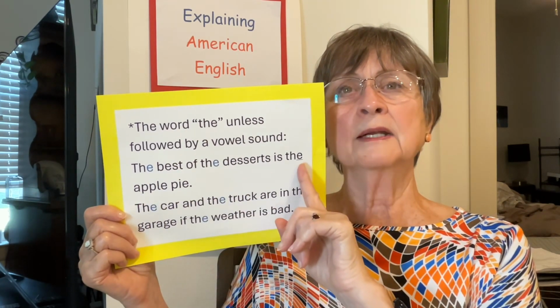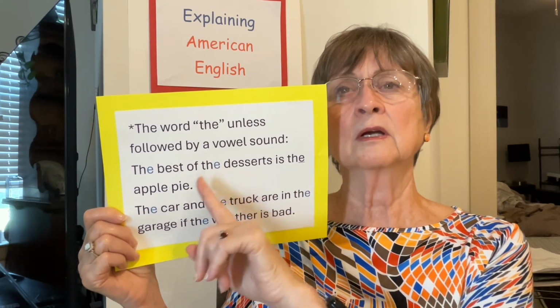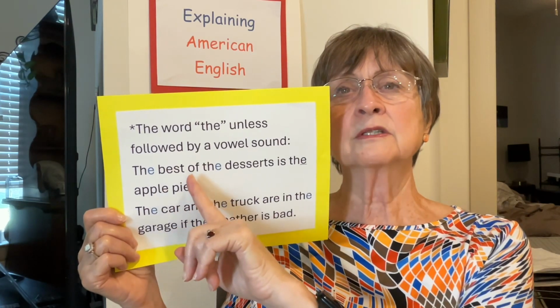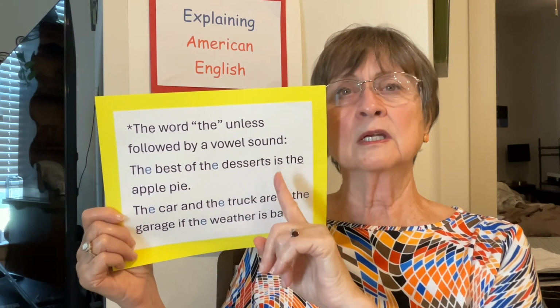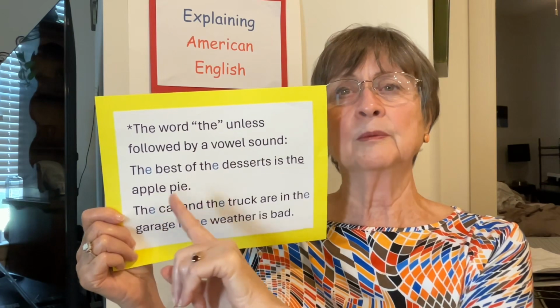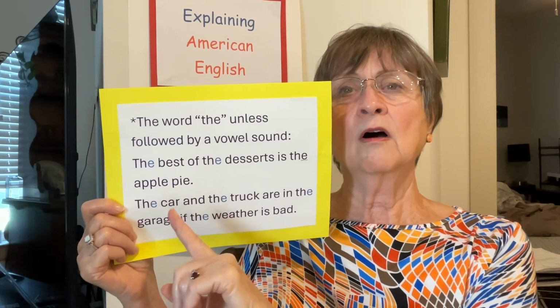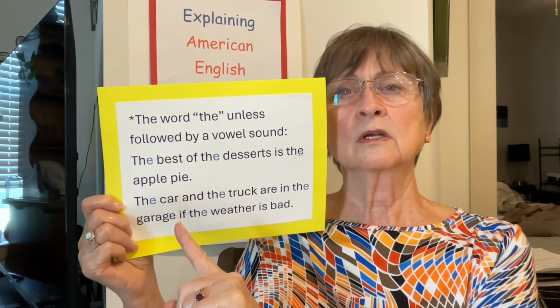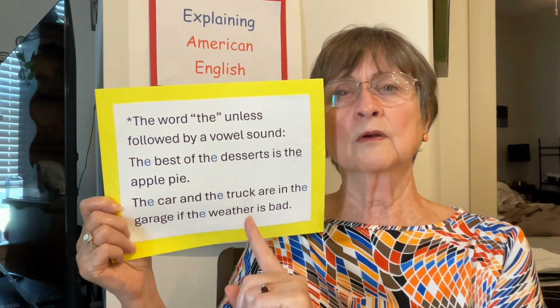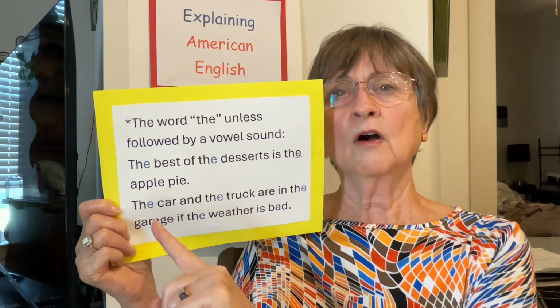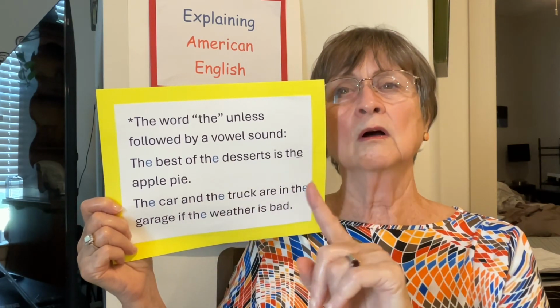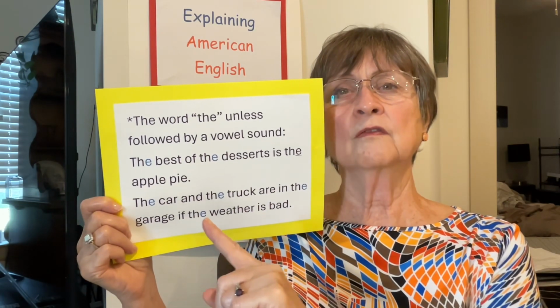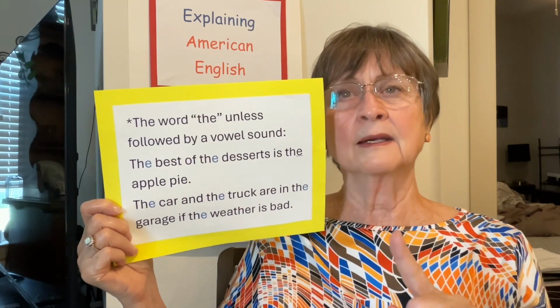That's why I put a line under it instead of giving it a color. The best of the desserts is the apple pie. The car and the truck are in the garage if the weather is bad. The car and the truck are in the garage if the weather is bad. Okay.